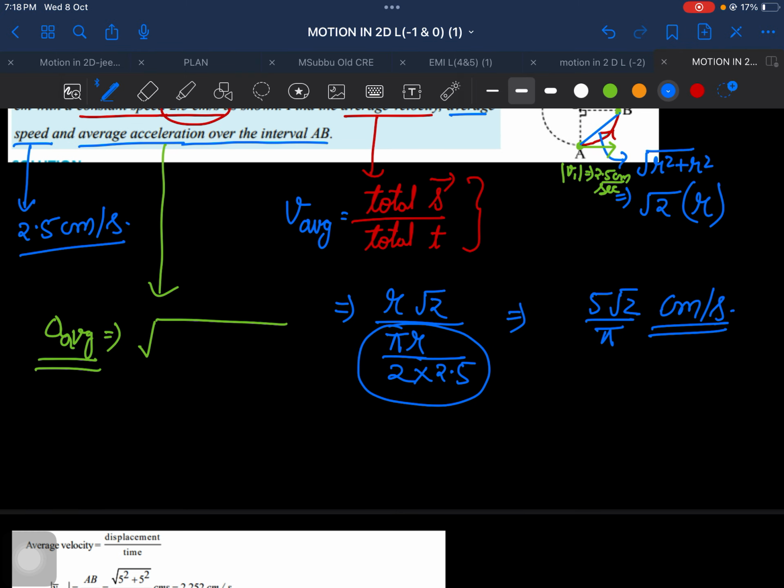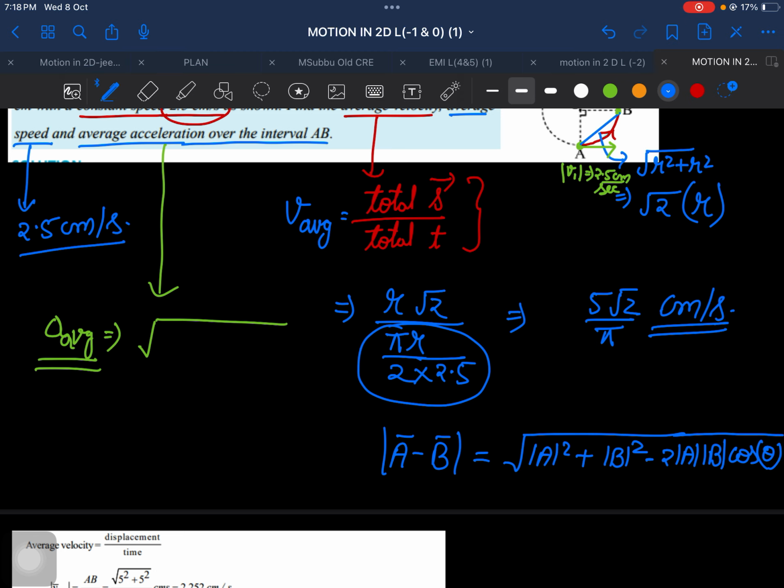But here you have to find the change in velocity, which means the magnitude. I am writing the formula in front of you. The magnitude of a vector minus b vector is under root mod a square plus mod b square minus 2 mod a mod b cos theta. This is the formula, so just note it down, everyone.